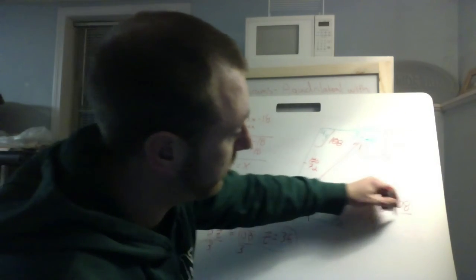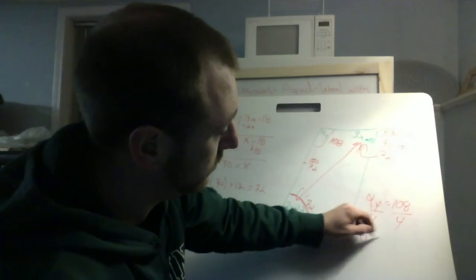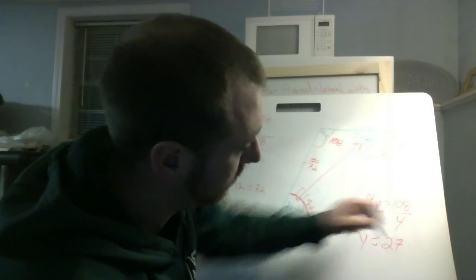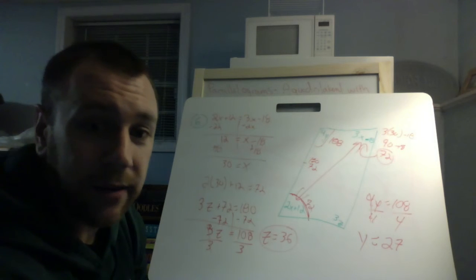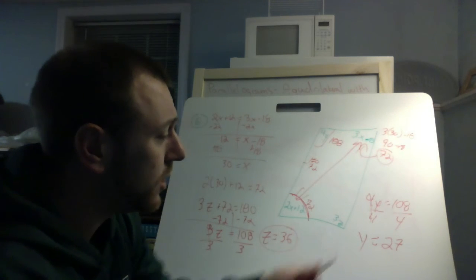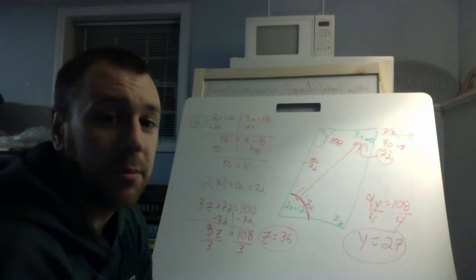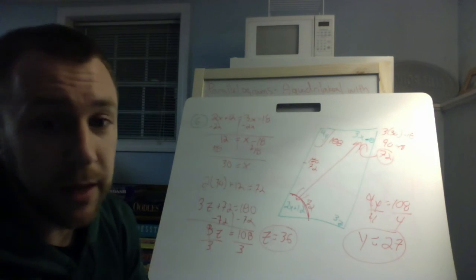When I divide by 4, I would get 27. So there are two different ways of doing it, but for question 6 I have to take my previous answer and then plug it back in.